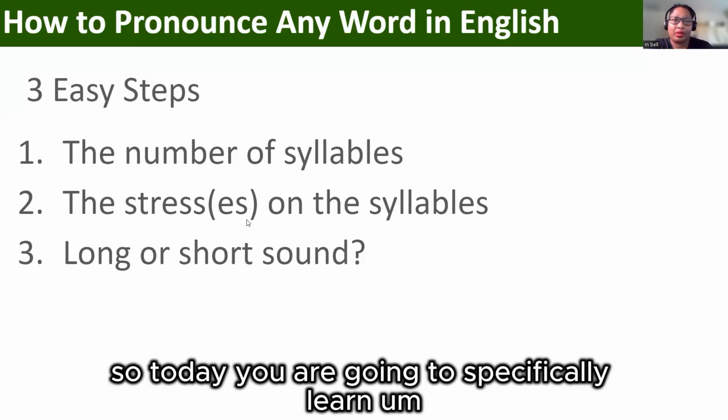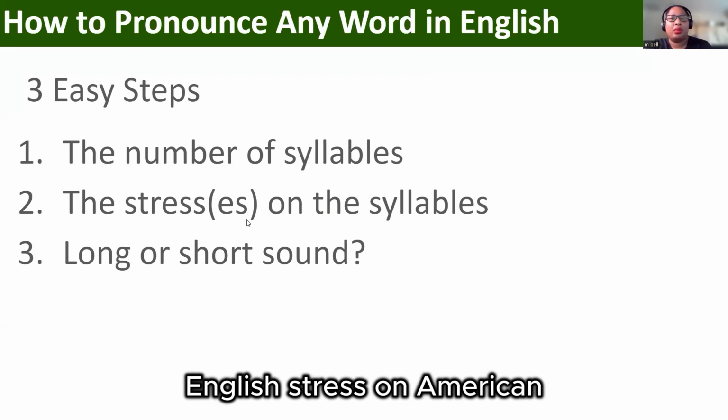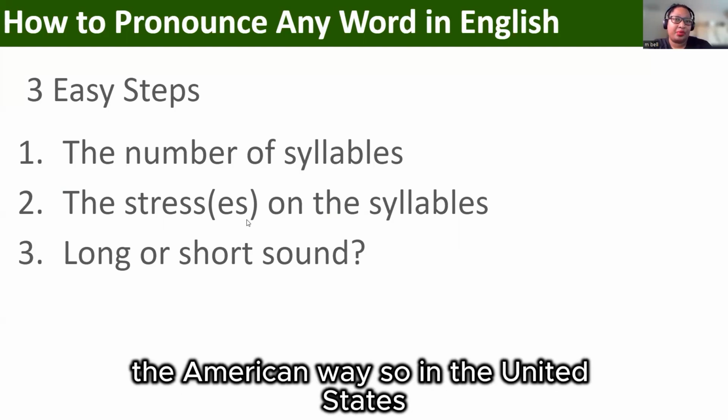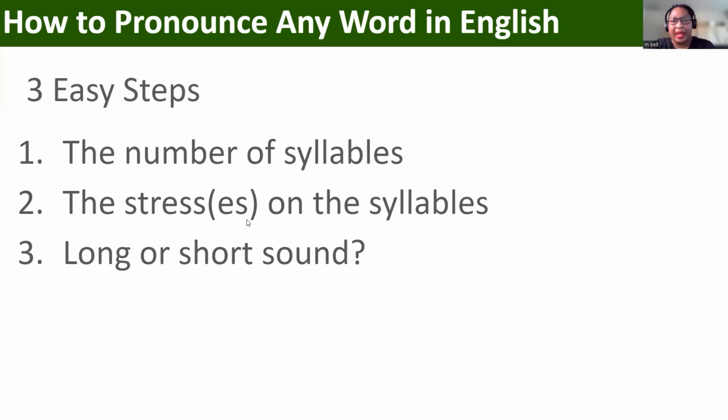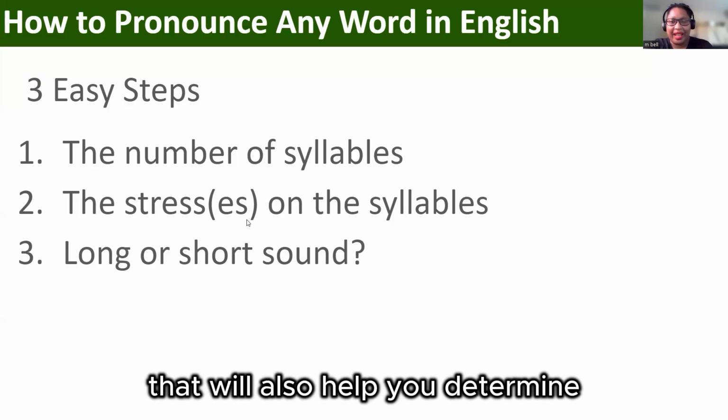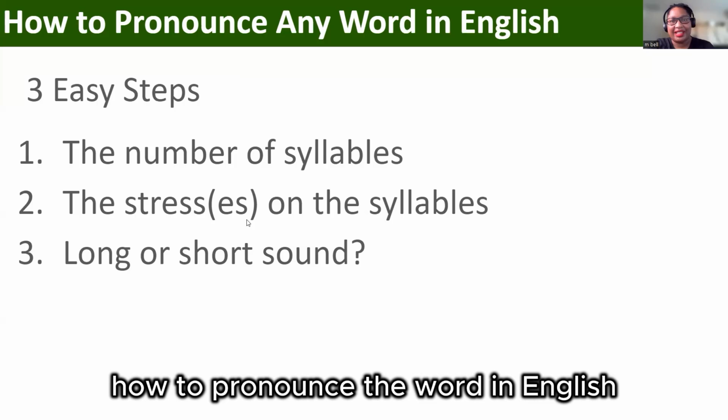So today you are going to specifically learn English stress the American way, in the United States. And then thirdly, is it a long or short sound? That will also help you determine how to pronounce the word in English.